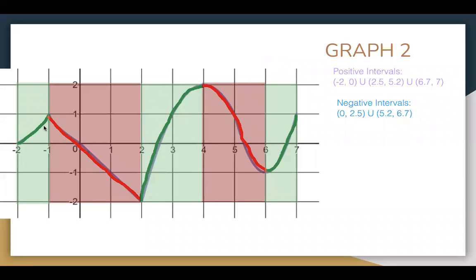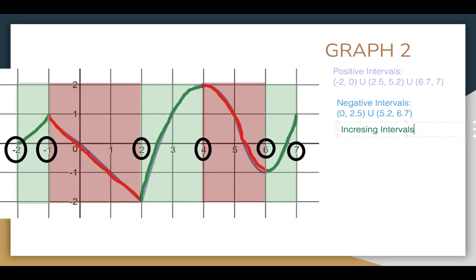So numbers. -2 to -1 was increasing. 2 to 4 was increasing. And 6 to 7 was increasing. Decreasing is all what we're doing in between there.